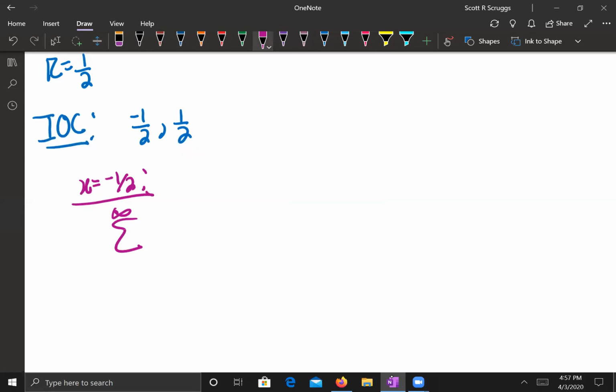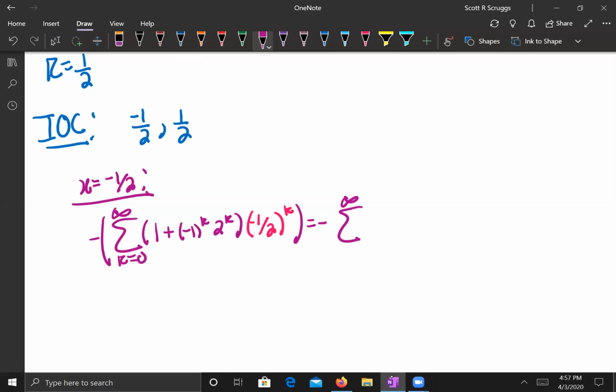So now we're going to plug in -1/2 wherever I saw an x. So the sum from k equals 0 to infinity of 1 plus (-1)^k times 2^k times (1/2)^k equals the sum of -1 plus (-1)^k, 2^k, and because I have a (-1)^k times (1/2)^k.